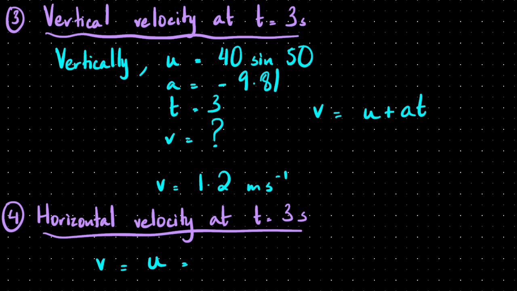Because there is no acceleration horizontally. You can also think of it in this way, that you had u plus at, but since this is the horizontal aspect, there is no acceleration, so this is 0. So this is always going to be equal to that 40 cos 50, which by the way is 25.7, so 26 meters per second horizontally.